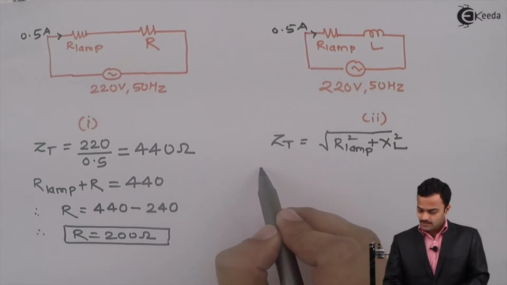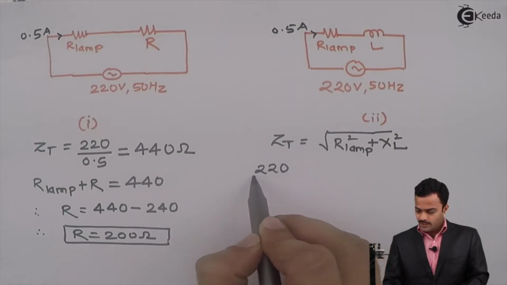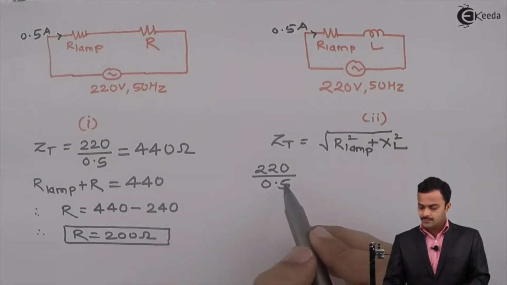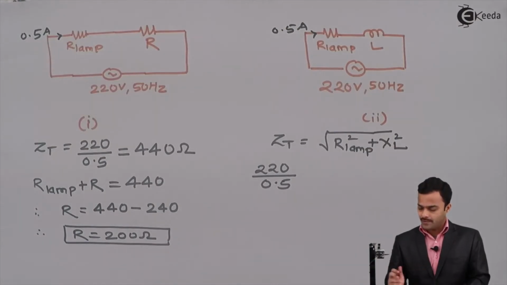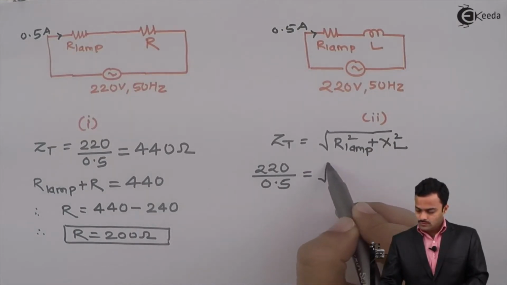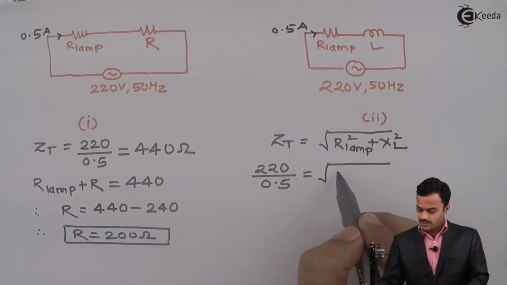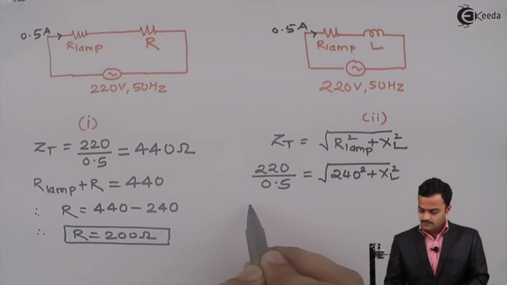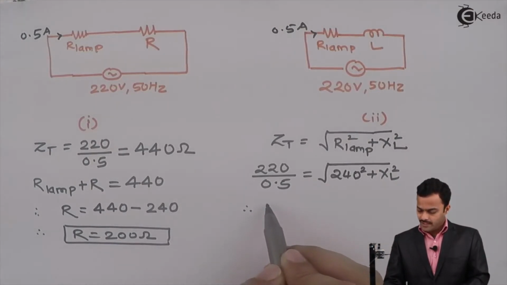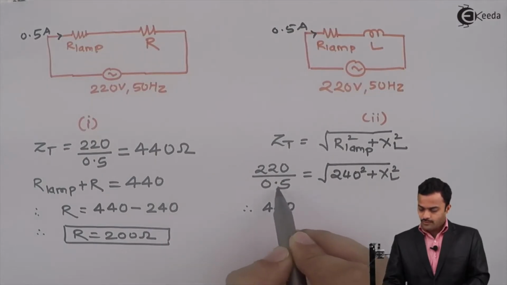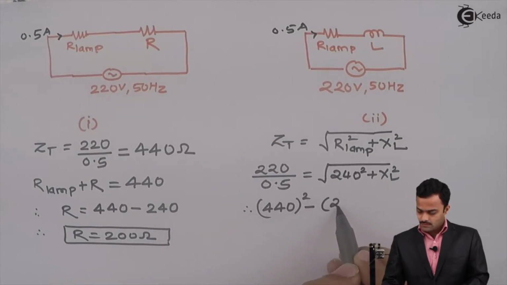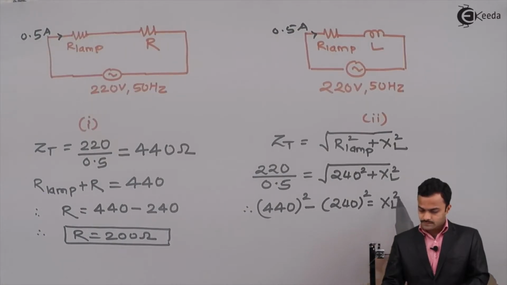ZT is nothing but 220 divided by 0.5, because voltage applied is 220 volt and current passing should not be more than 0.5 ampere, equal to root of R lamp, which is 240, so 240 square plus XL square. If I solve, I will get 440 square minus 240 square equal to XL square.